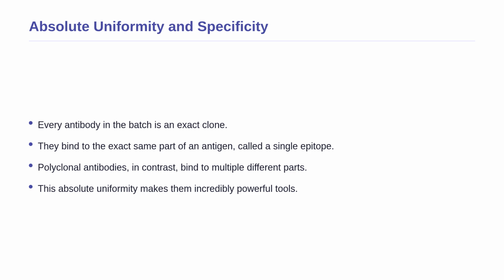To put this in perspective, natural polyclonal antibodies are a mixed batch that will bind to multiple different parts of an antigen. The absolute uniformity and specificity of monoclonal antibodies mean they do not get distracted. This makes them incredibly powerful and reliable tools in both biological research and medical treatments.